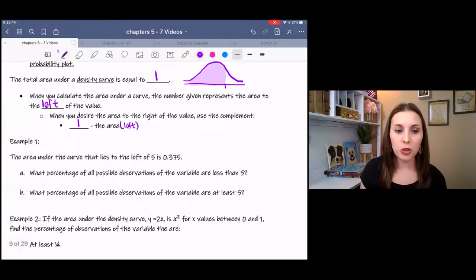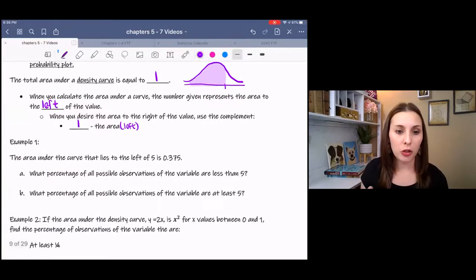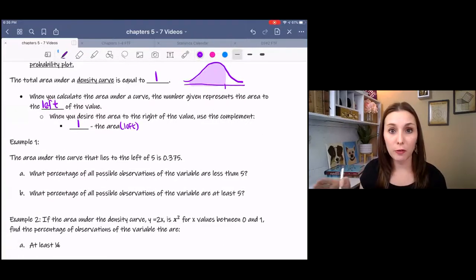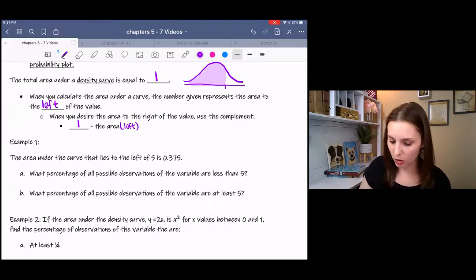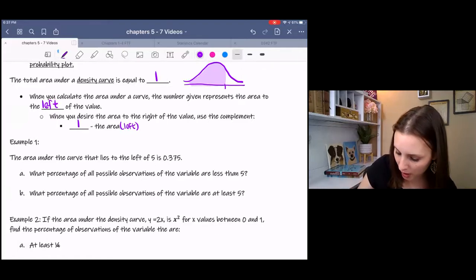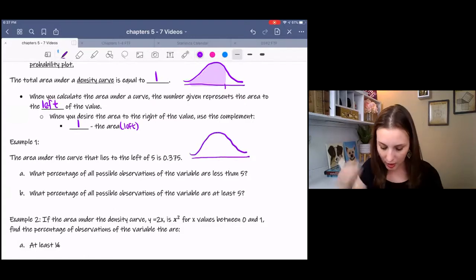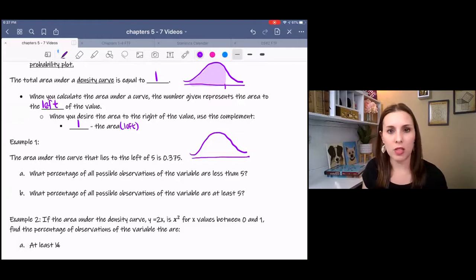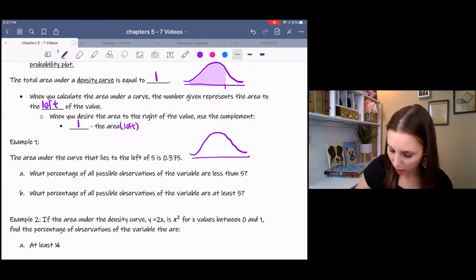So if it says the area under the curve that lies to the left of 5 is 0.375, it's saying, if you can picture in your mind this bell curve, that the area to the left of this value is 0.375. So I'm just going to kind of sketch it.